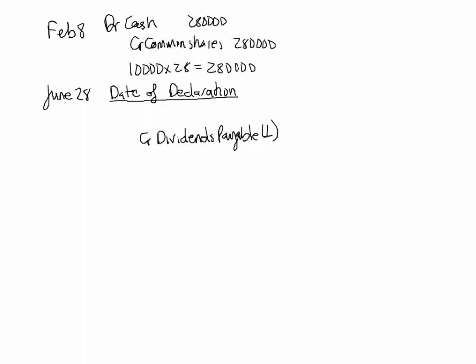Now, what's going to happen when you think about us paying dividends? When we pay dividends, we are actually distributing wealth from the company. And if you remember when we were doing our assets equals liabilities plus equity, equity is equal to contributed capital or share capital and retained earnings.